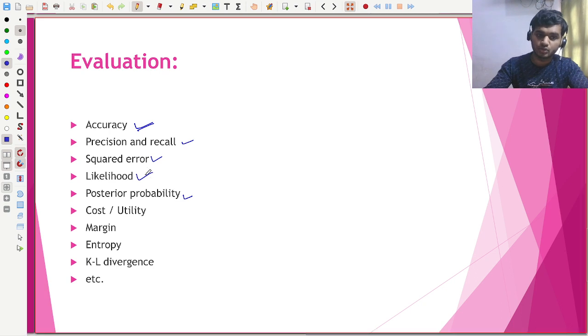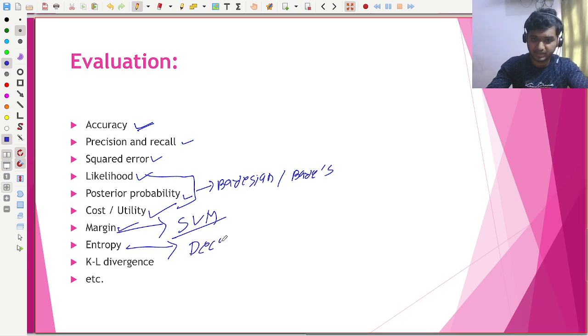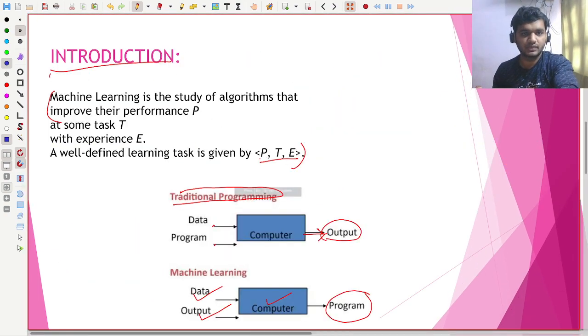Also, we cover likelihood and posterior probability in Bayesian network, or Bayes theorem. Then cost or utility, then margin. Margin we also cover in support vector machine. Then entropy. Entropy will be covered in decision tree model, and KL divergence. So we'll cover everything that is in the syllabus of machine learning.